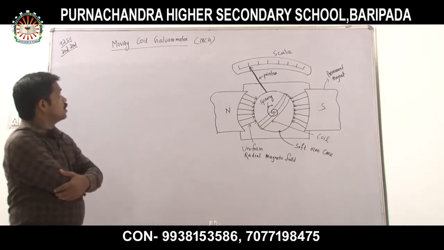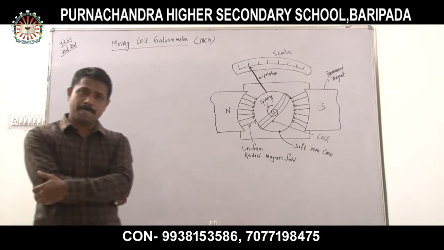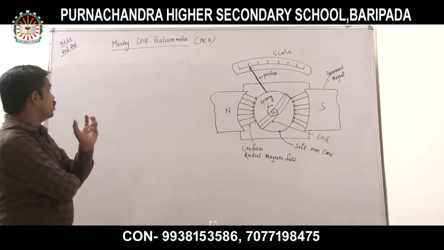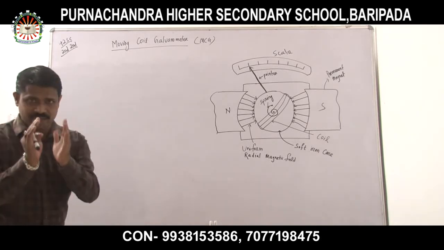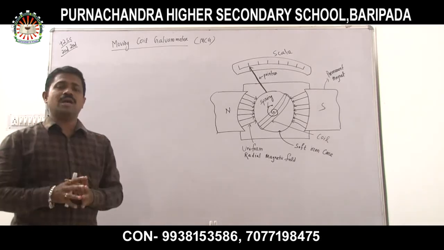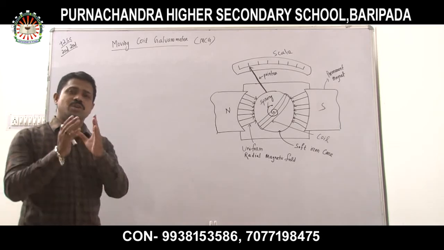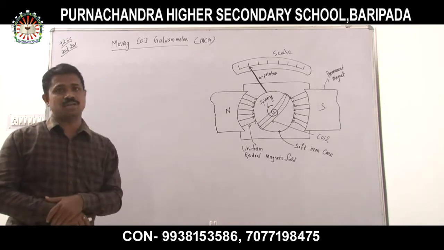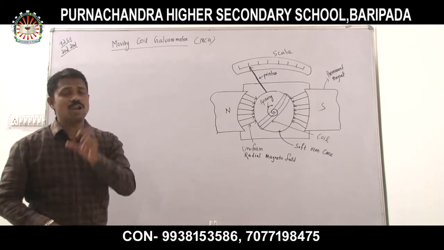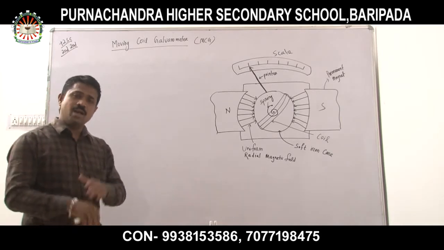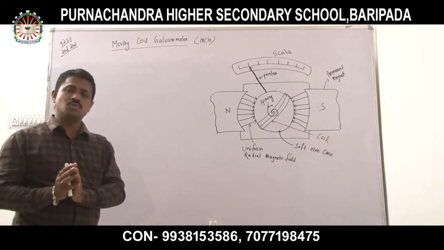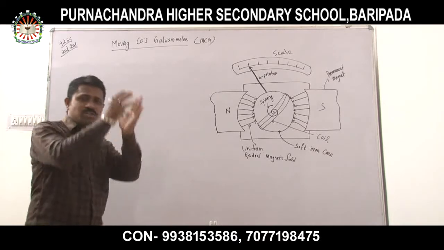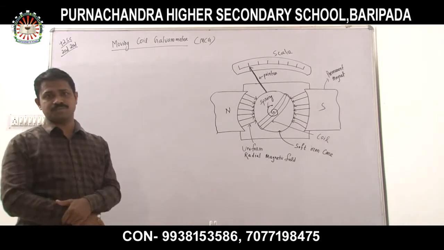First of all, the moving coil galvanometer is a device which is used to detect, listen very carefully, small amounts of current in the circuit, and it also helps to give the direction of the current, in which direction the current flows.